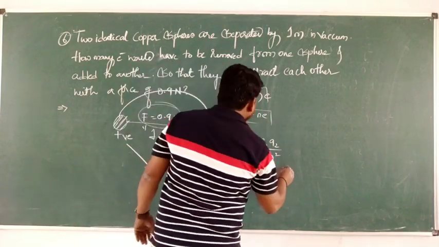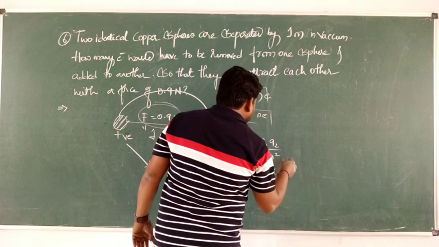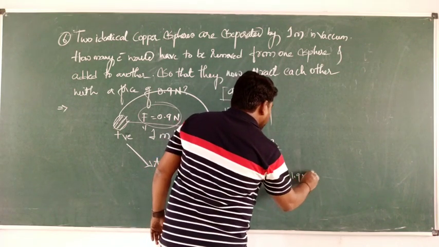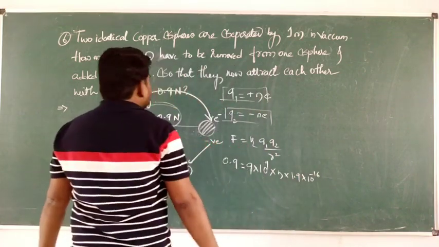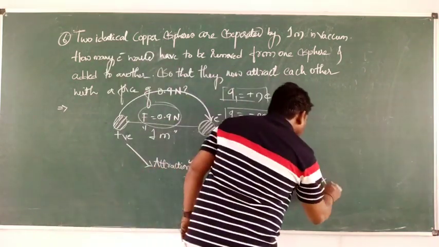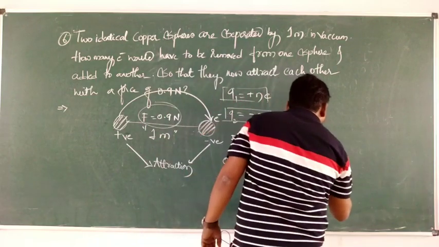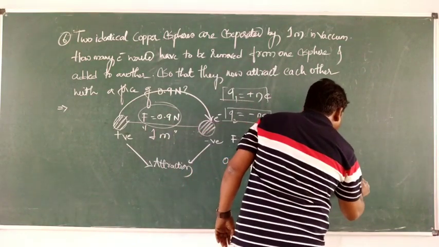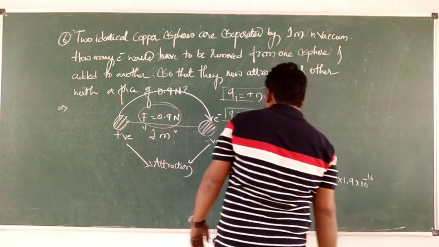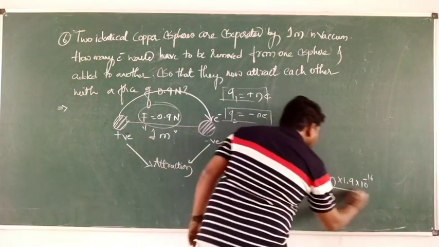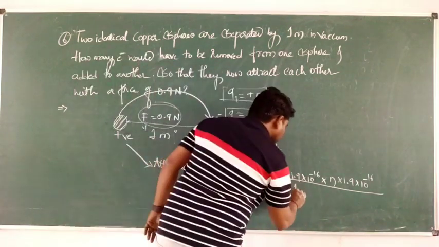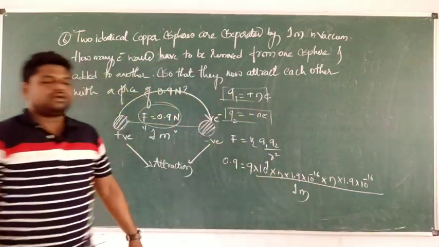Q1 is nothing but plus N into E, which is 1.9 into 10 to the power of minus 16, into Q2. Q2 is also N into E, which is 1.9 into 10 to the power of minus 16, divided by the distance between these two. Distance is 1 meter.